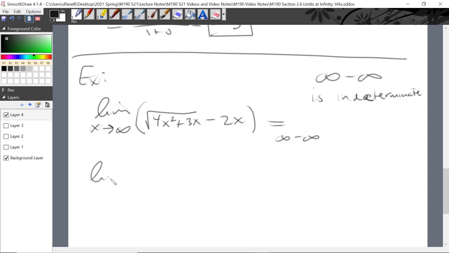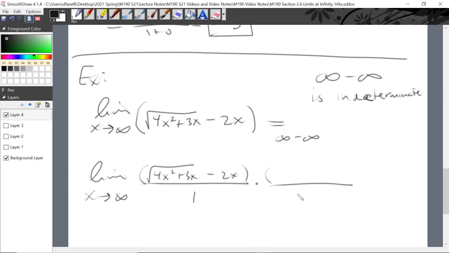Here's a hint: we do have a square root there, and we have 2 terms. If we rewrite this as a ratio by putting it over 1, now we can deal with this ratio by multiplying the top and the bottom by what quantity? What do we call this?